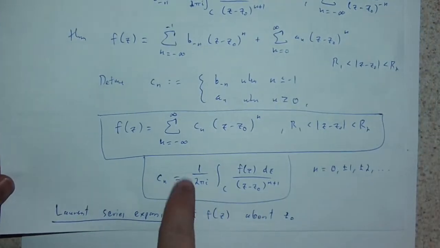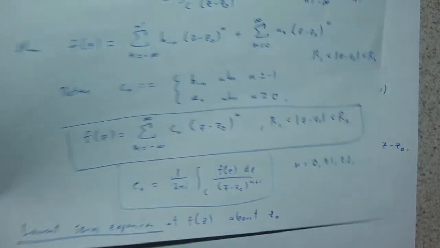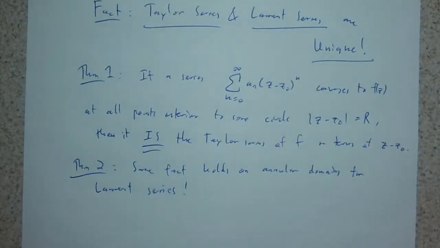So we had that what makes something a Laurent series specifically is that those coefficients are computed like this. But hey, it turns out that really what makes a Laurent series is just the fact that it looks like a Laurent series. It splits as a positive part, the power series part, and then the power series except with negative powers part. So if you come up with any kind of series representation for your function that looks like that, and it converges at every point in some annular domain, then it is the Laurent series there.